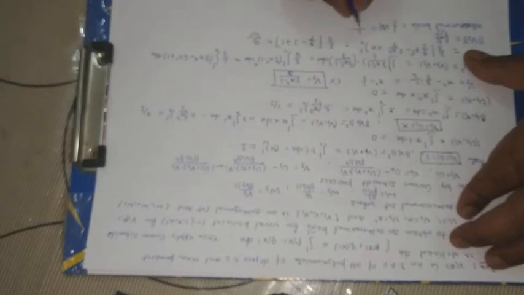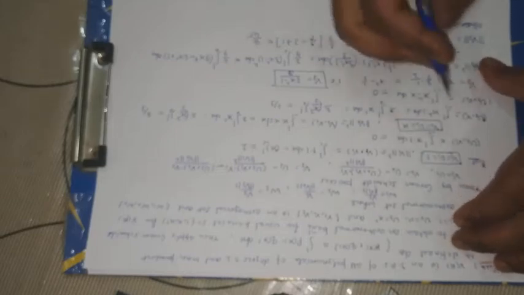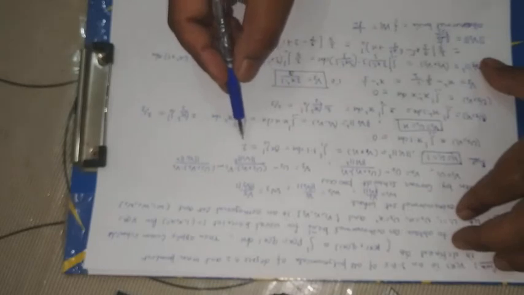This is equal to 1 upon under root 2, since V1 norm square is equal to 2.